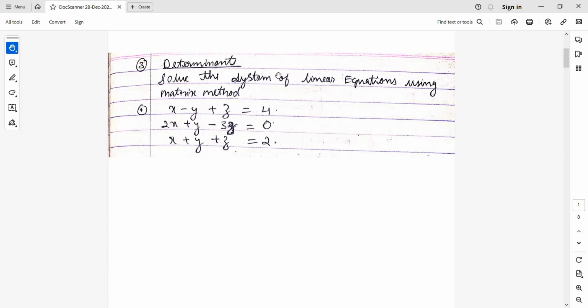Hope the screen is visible and you are able to hear me clearly. Just type yes in the chat box. One of you, just type yes. Are you able to see the screen?